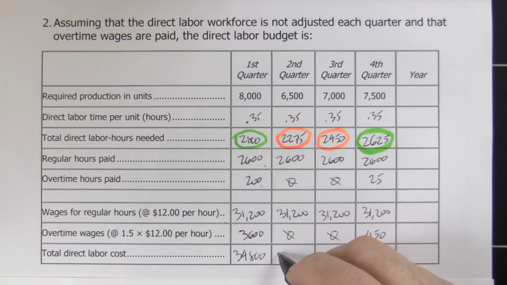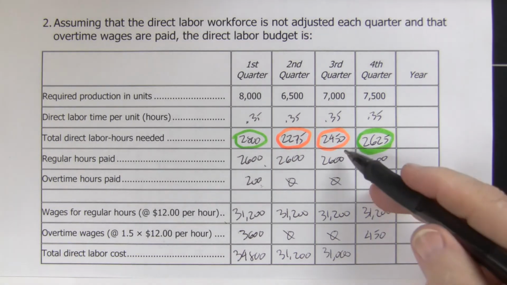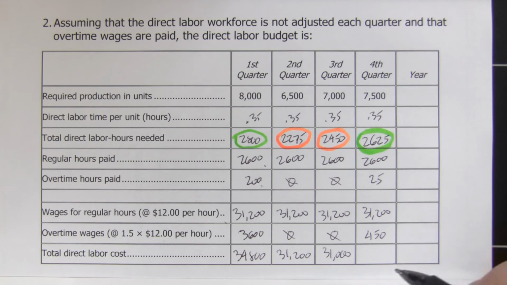It's $31,200 for the second and the third quarters, because they were both under the minimum, and it's $31,650 for the fourth quarter. So again, none of this is particularly difficult. You just have to go through it step by step, piece by piece.